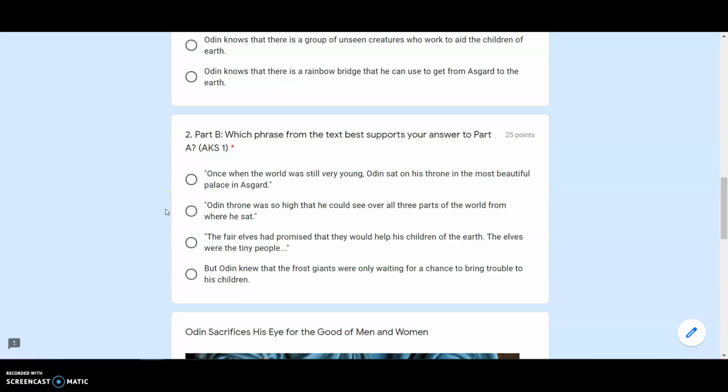B. Odin's throne was so high that he could see over all 3 parts of the world from where he sat. C. The fair elves had promised that they would help his children of the earth. The elves were the tiny people. Or D. But Odin knew that the frost giants were only waiting for a chance to bring trouble to his children. Go ahead and pause this video to answer question 2.